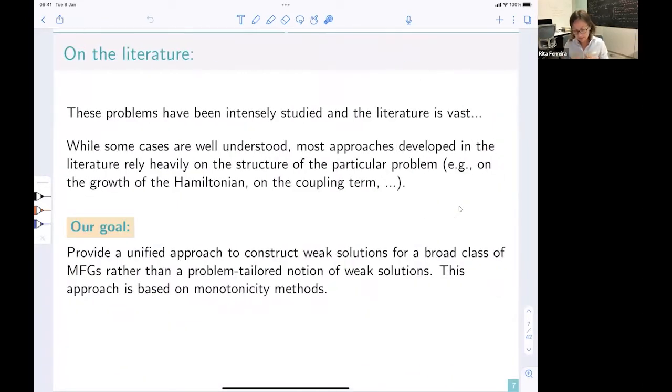And on the literature, this is for me one of the most difficult slides to have. Even though mean field games are relatively recent, the literature is already quite vast. There are several quite important results in the literature, but this would always be a very bad slide, because either it's very incomplete, I present some and miss many others, or if I present a list of names, there is always someone missing.